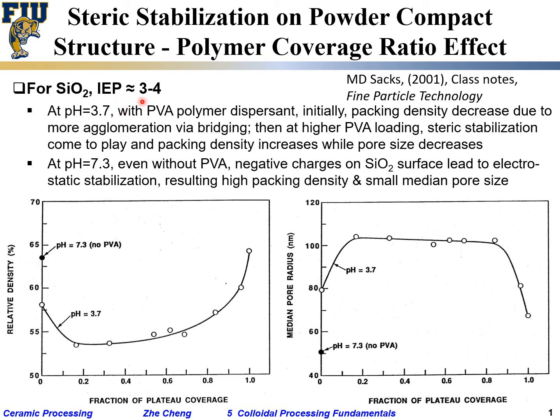It's a much higher pH than this value, which means each of the particles is covered by a lot of hydroxyl groups, negative charge, and then I would have so-called electrostatic stabilization. And even though I have no polymers, the suspension is still stable. They would pack denser and give low pore size.